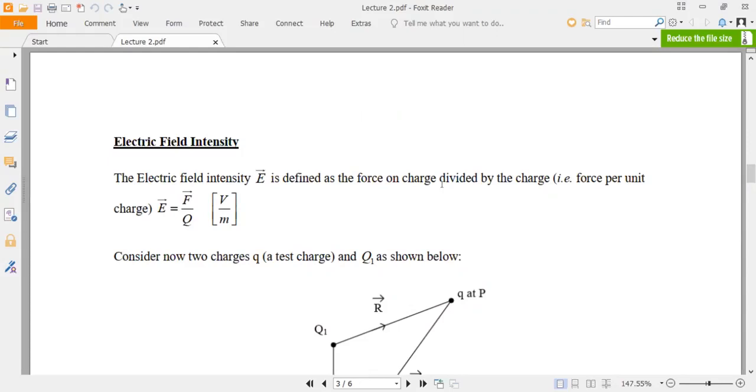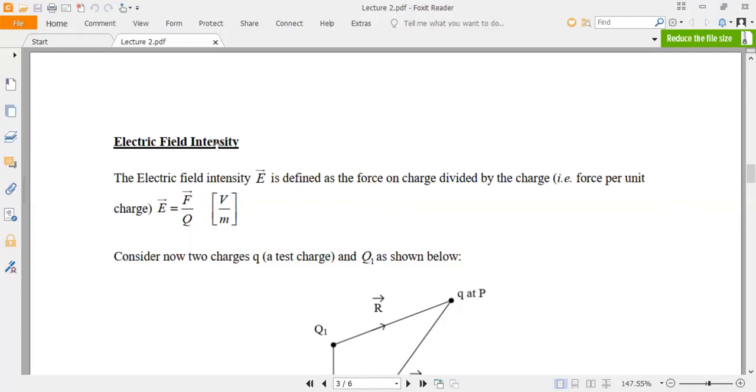Now we have seen the force. We have looked at Coulomb's law, and from there we found how we can get the force which is exerted on charges. Now here we are defining another term, which is the electric field intensity.